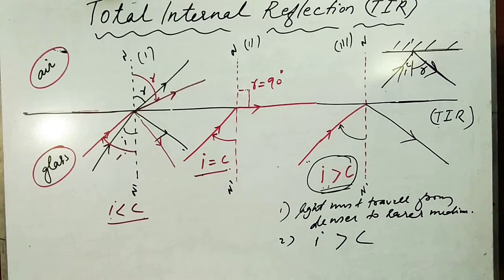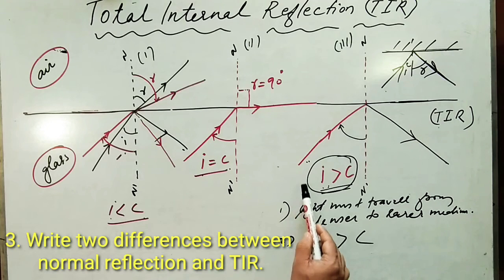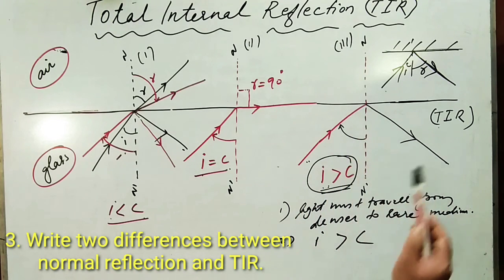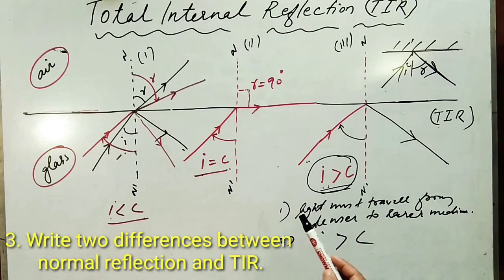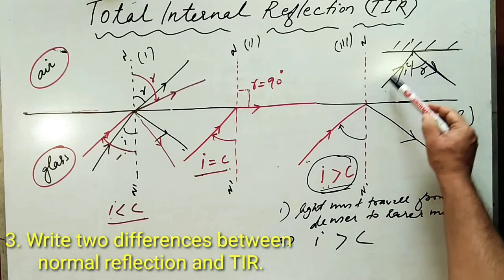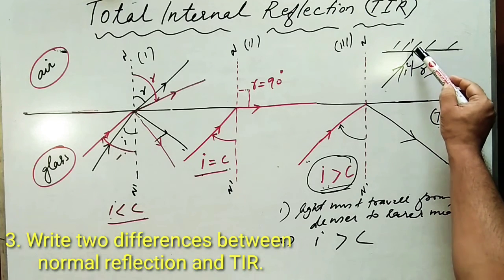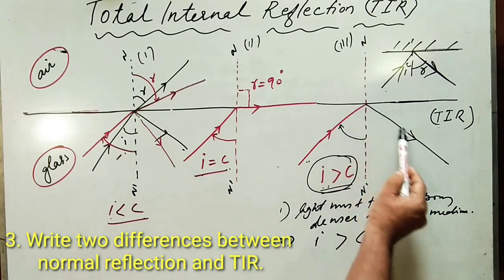Please note it. Once again, I will repeat. In case of total internal reflection, when light passes from denser medium to rarer medium, the total internal reflection takes place. But normal reflection takes place when light is incident on a plane mirror from a medium, at any angle of incidence. For any angle of incidence, the normal reflection takes place. In TIR, the entire light is getting reflected back.